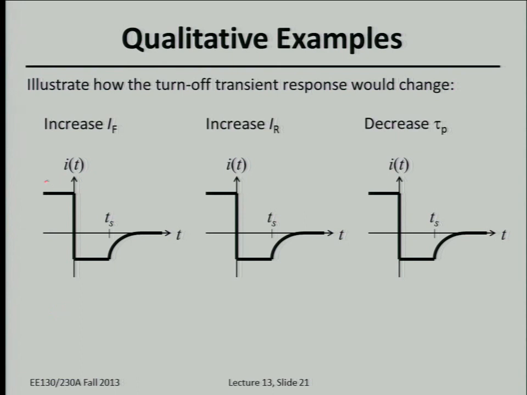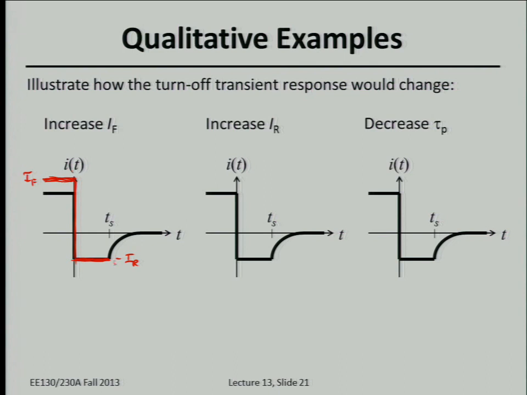If we increase I_F, that means before we turn off the diode, it's flowing more current. When we turn off the diode, this minus I_R, let's assume that doesn't change. The circuit is still forcing some negative reverse bias current to flow initially. How is this curve going to change compared to the black curve? Yes?